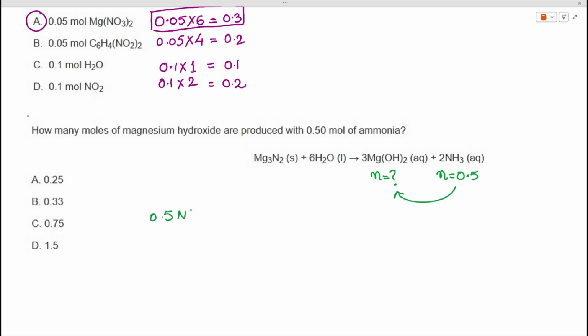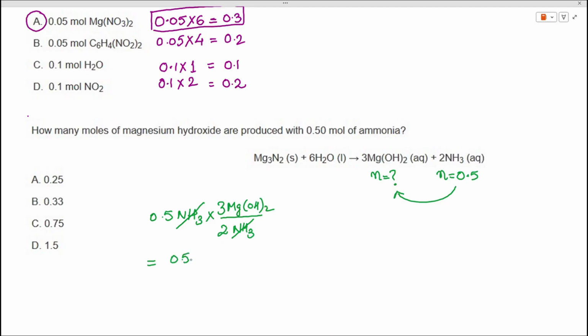0.5 moles of ammonia is given, and now because we need to get rid of the number of moles of ammonia, we will say 2 moles of ammonia are produced with 3 moles of magnesium hydroxide. And when we solve this, ammonia and ammonia get cancelled out.